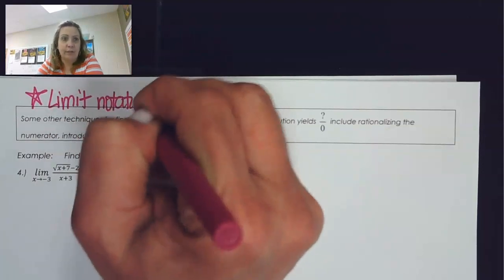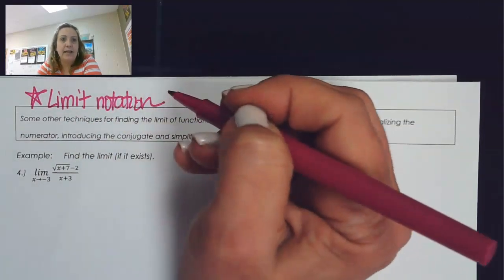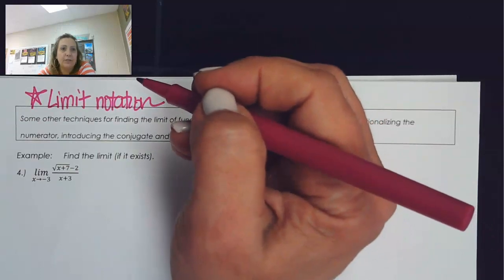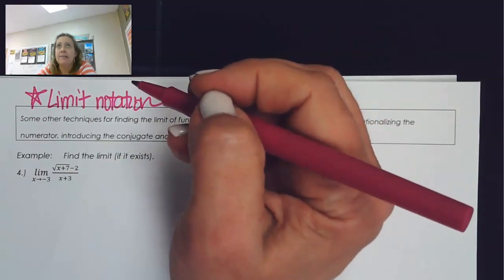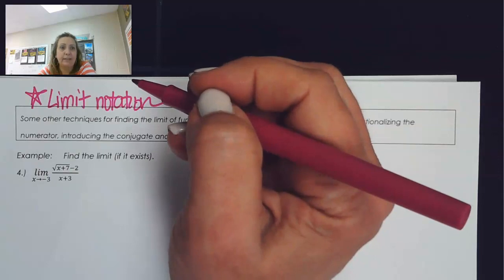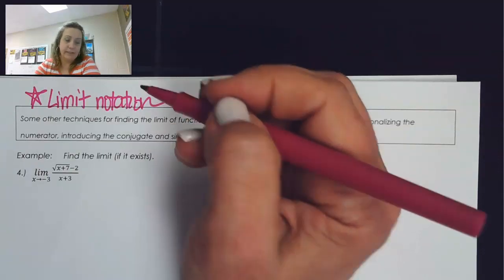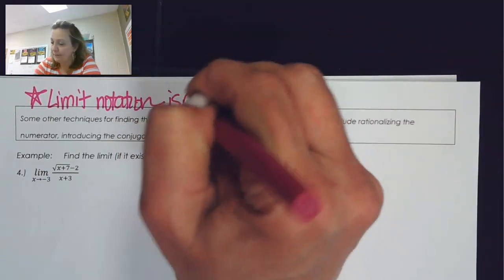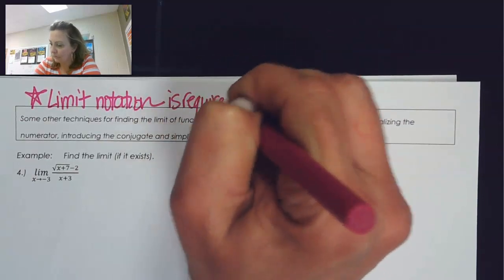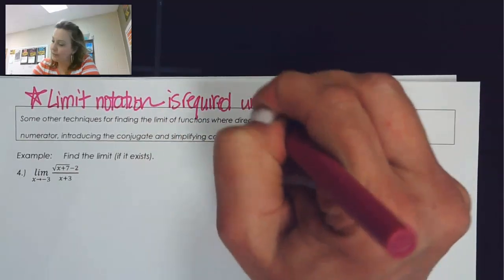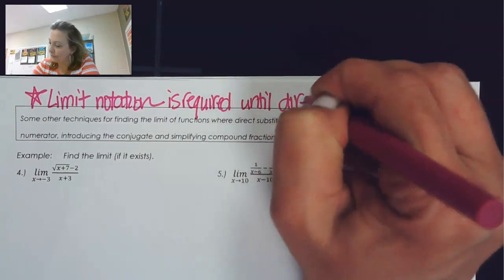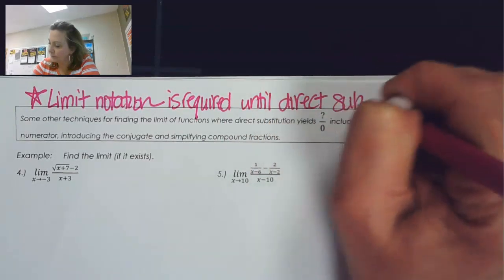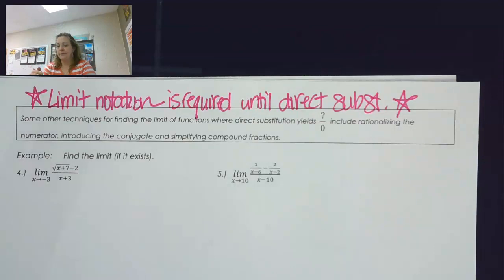I know we're going to be doing a lot of substituting, and it is going to be kind of annoying for us to keep writing lim over and over and over again, but the limit notation is required until we use the direct substitution. Otherwise, one line isn't going to be equivalent to the other, so just be cautious about that, okay?